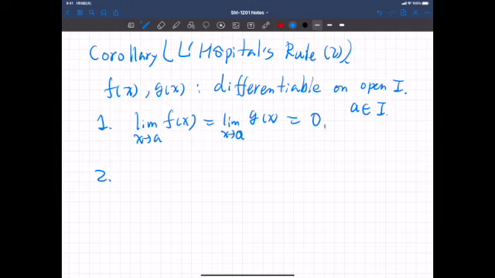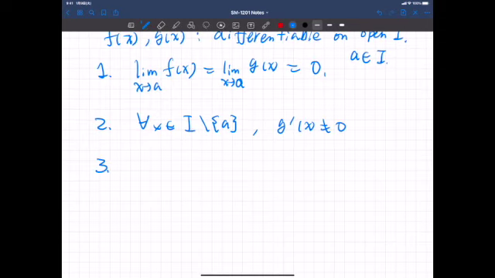And second, for all x in the interval, except for the point a, we should have g prime of x is not equal to 0. And 3, the limit of f prime over g prime when x approaches a exists.